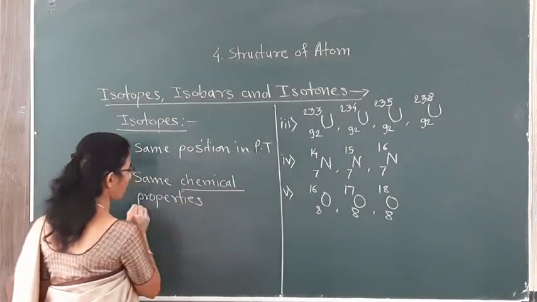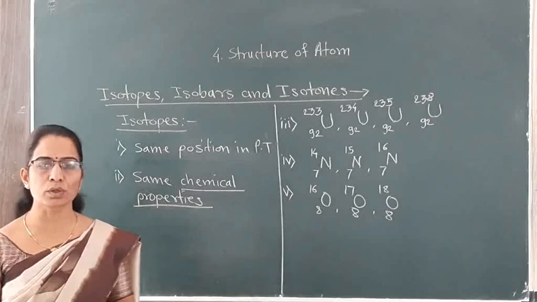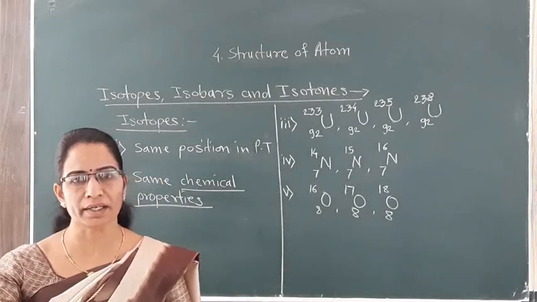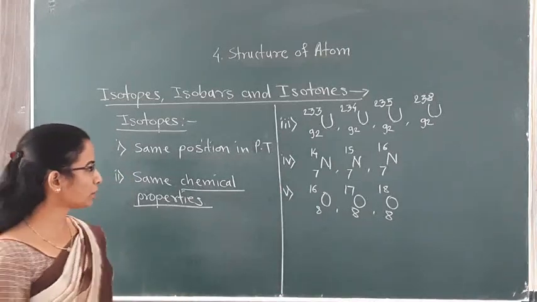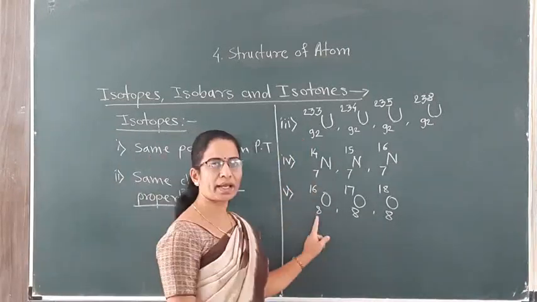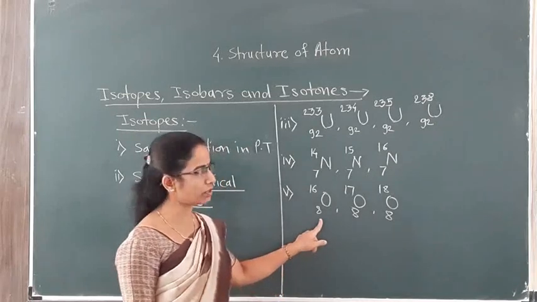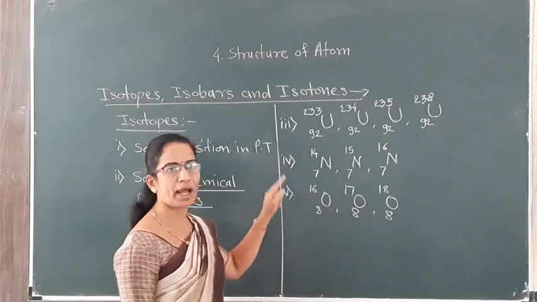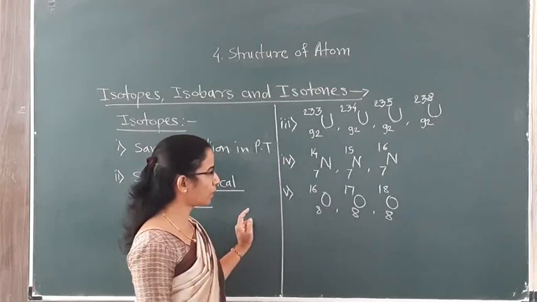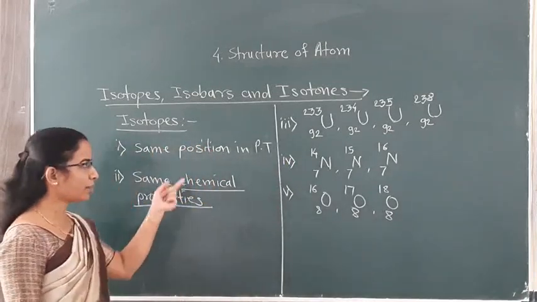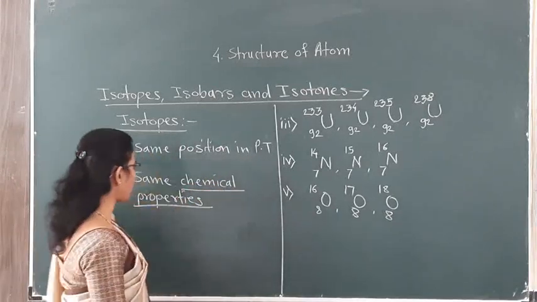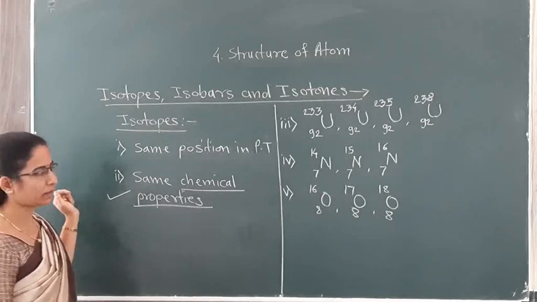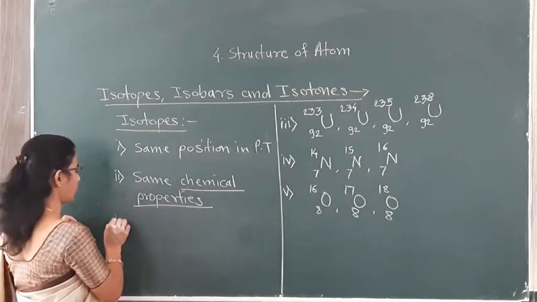Now the chemical properties of an element depend upon the number of electrons present in the atoms of that element. Since all these isotopes have the same number of protons, they also possess the same number of electrons. That is, they have the same atomic number. And since they possess the same number of electrons, their chemical properties are of the same kind. They possess similar chemical properties.